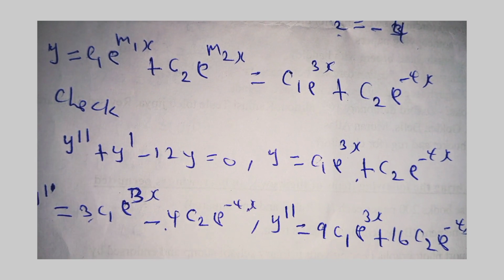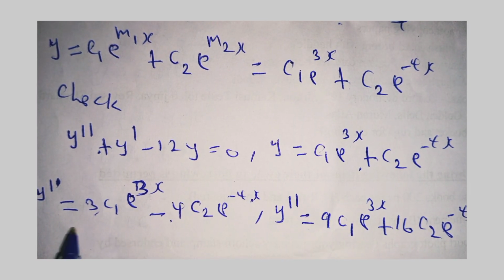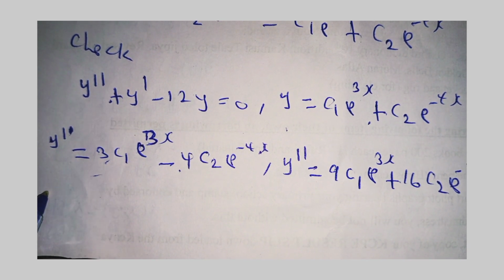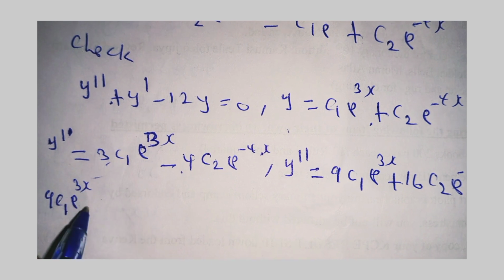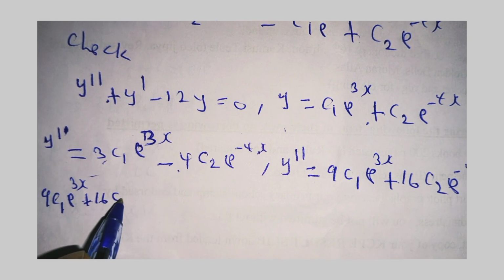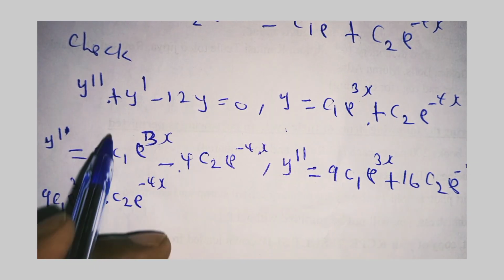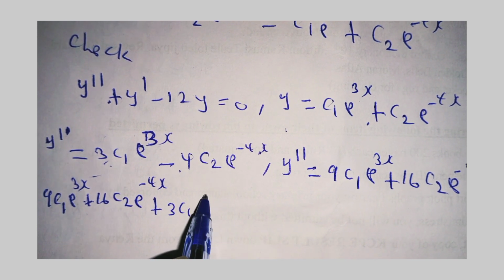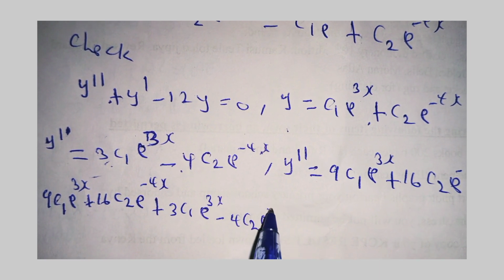Then you substitute the values of y double prime, y single prime, and y in this equation. Y double prime is 9c1 exponential 3x plus 16c2 exponential negative 4x. Y single prime is 3c1 exponential 3x minus 4c2 exponential negative 4x.